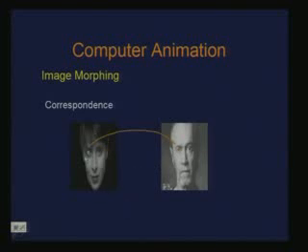So what we have done is we have chosen a certain number of features which we want to correspond between the source and the destination. Okay.